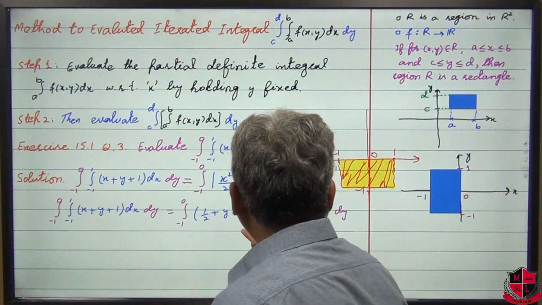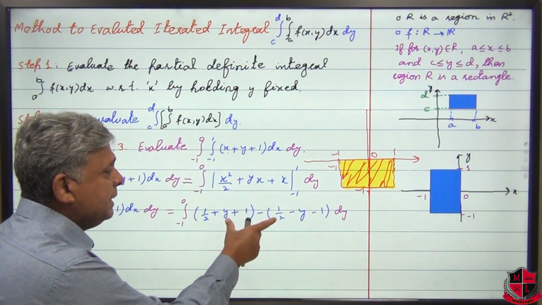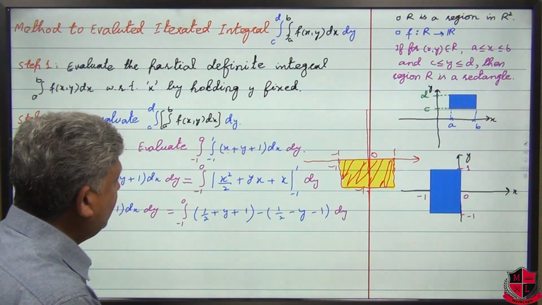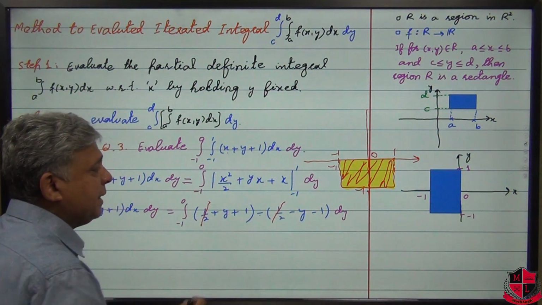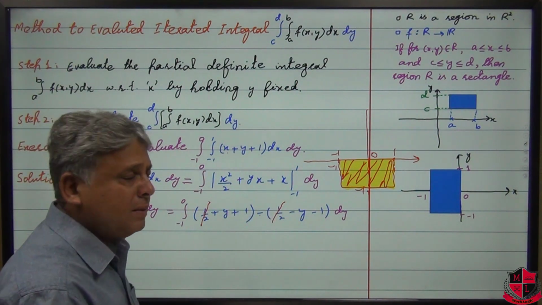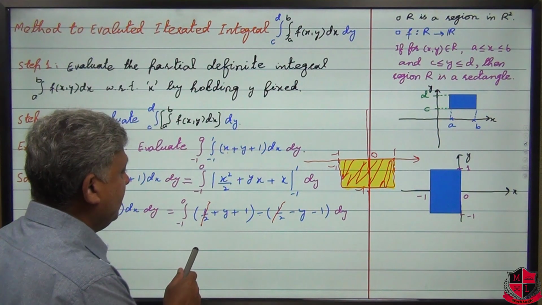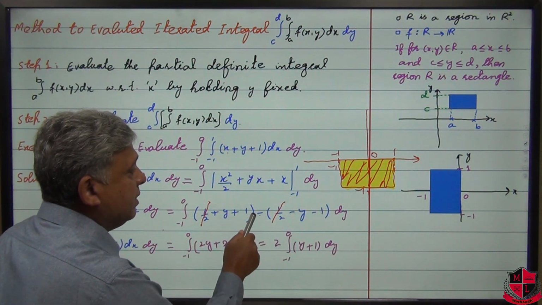And before integrating with respect to y, we shall simplify these terms. This 1 by 2 positive and 1 by 2 negative will be cancelled out.